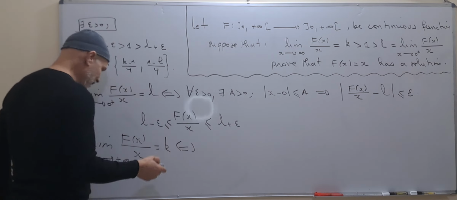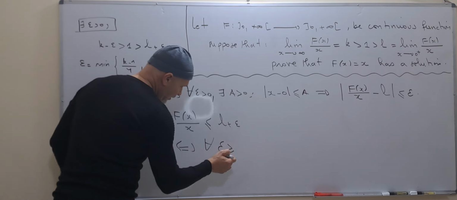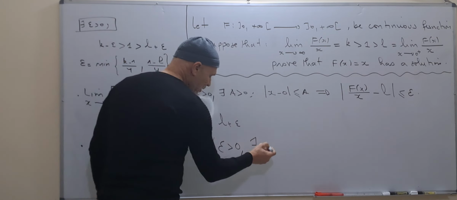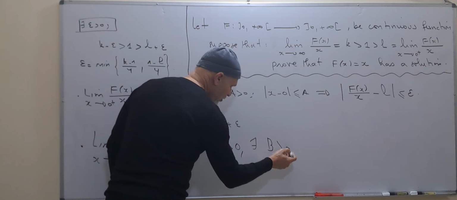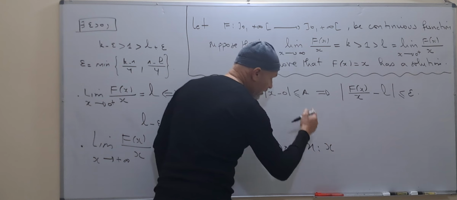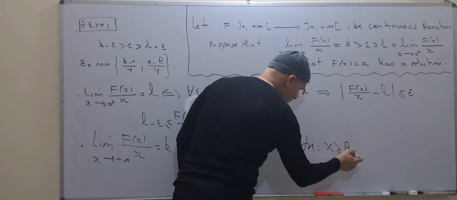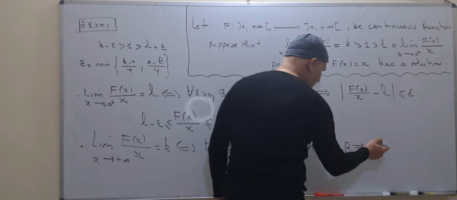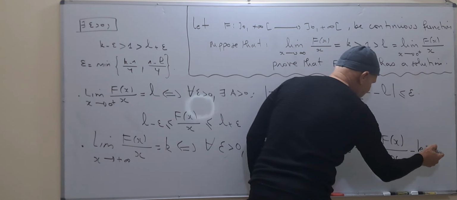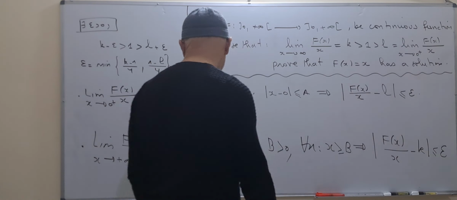This is equivalent to saying for all epsilon greater than 0, there exists B, which is positive, such that for all x in 0 plus infinity which verifies x greater than or equal to B, this implies that the absolute value of f of x over x minus k is less than or equal to epsilon.